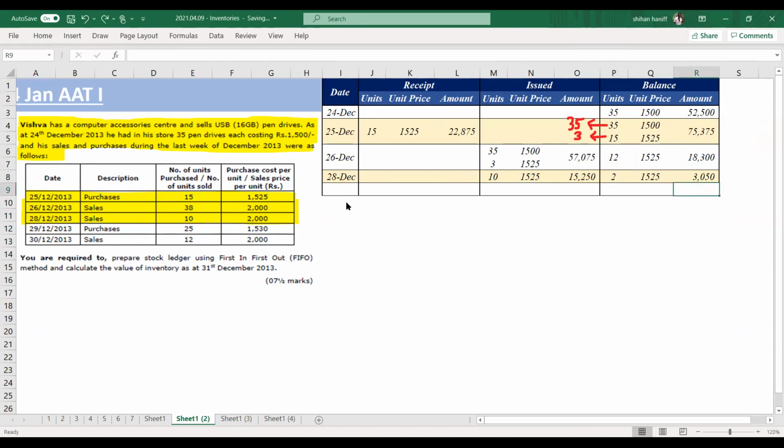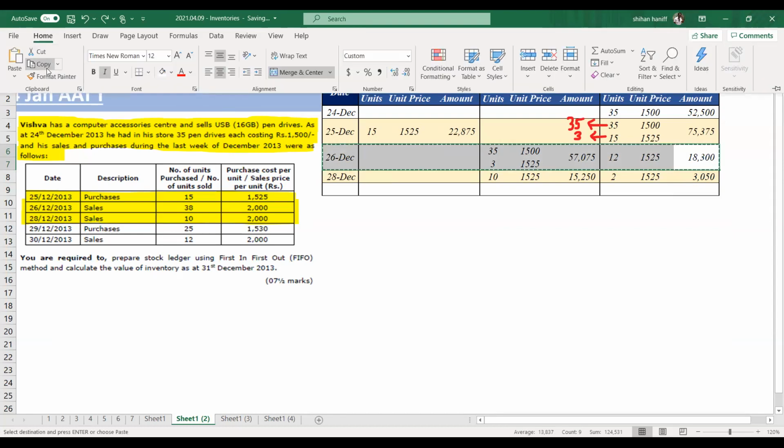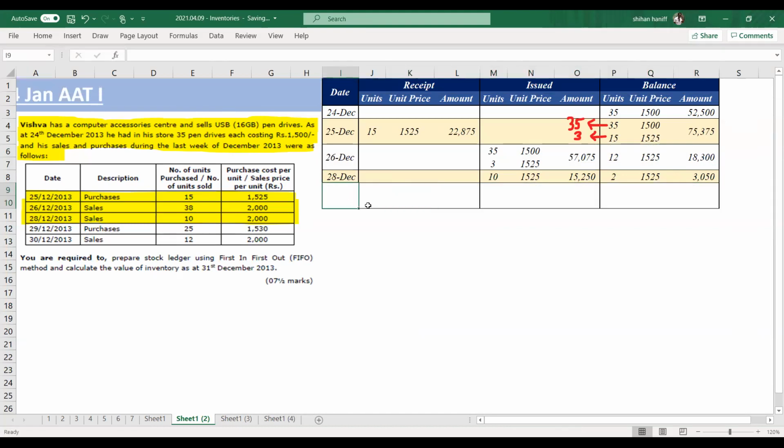Then we have 29th December. There is a purchase. 25 units. So we will write 25 units purchased at 1530.